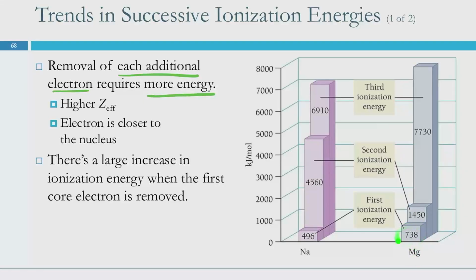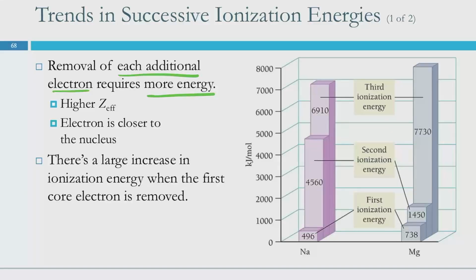For magnesium, our first one's relatively big because that's taking us from magnesium to basically having our sodium electron configuration. There's nothing really special about it. It's maybe a little bit more energy because we broke the pairing of the valence electrons. And then when we lose one more, we're going to the noble gas configuration neon, which is why it stays so low.